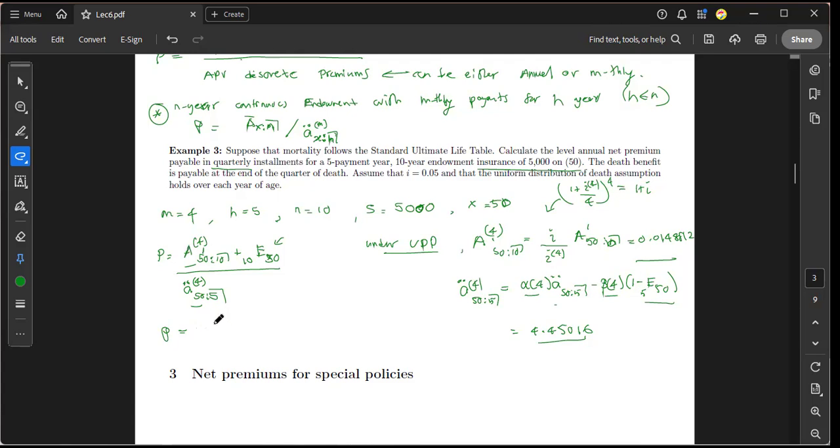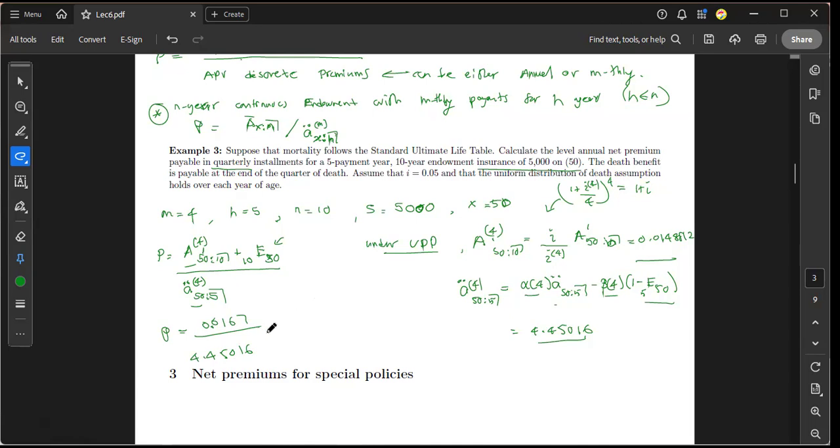For this one we need to find this from the table. So if you get this from the table, the final value should be 1617 divided by 4.45016. So this is for $1.